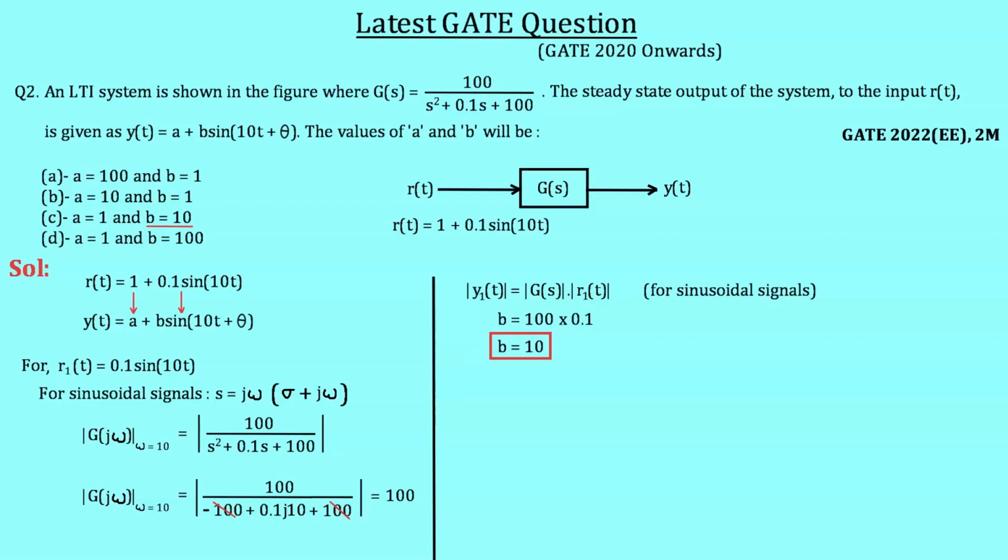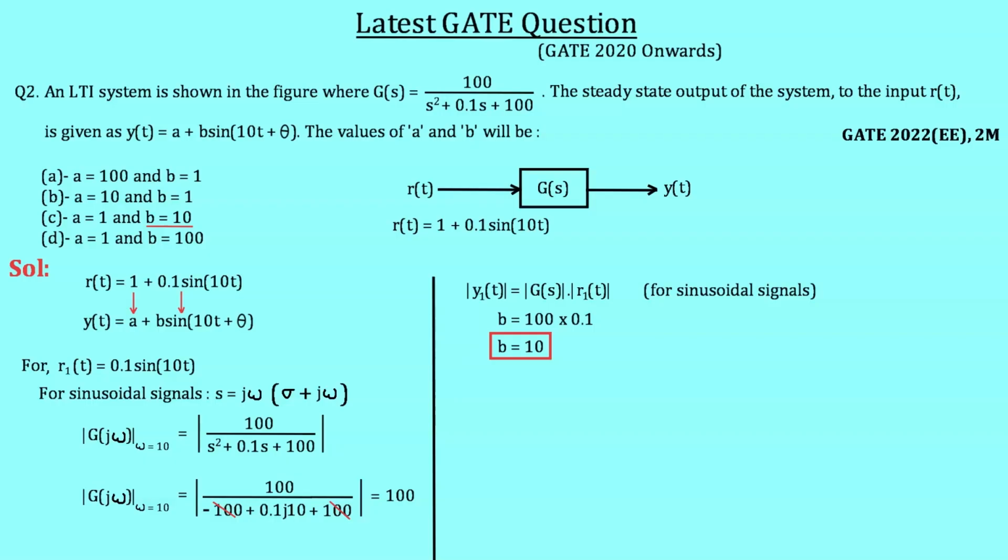And we also know that the magnitude of input signal multiplied by the magnitude of transfer function is exactly equal to the magnitude of output signal. We will get the value of b equal to 10. If you have calculated up to this only, then also you could tell which is the correct option because there is only one option where the value of b is equal to 10.